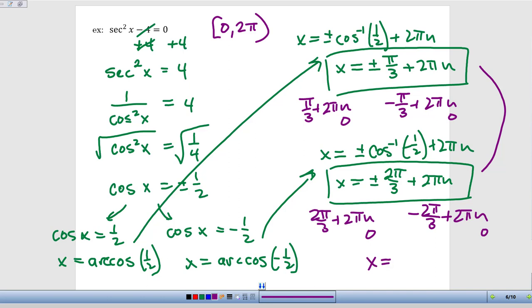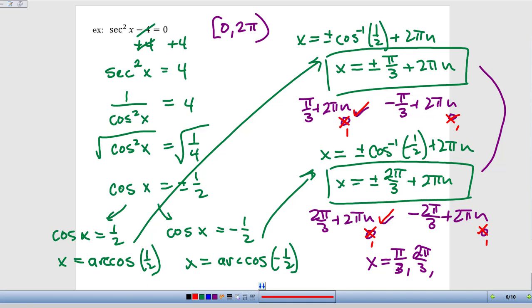But if we plug in 0 here and here, we've got pi over 3 and 2 pi over 3 as two of our answers. And then if we plug in 1 everywhere for n, clearly on these two positive locations here, 2 pi plus a positive value is going to be bigger than 2 pi, so we're not going to include those.